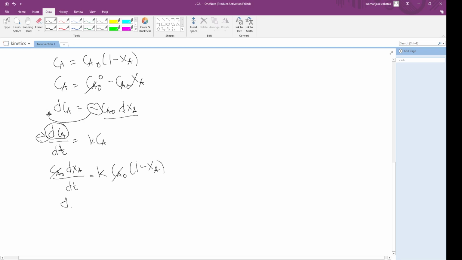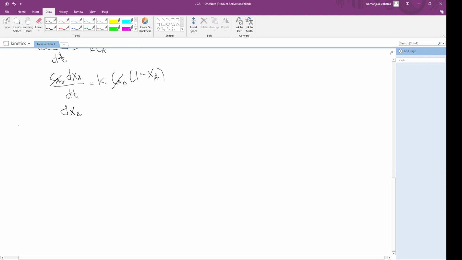So we have dXA over dt is equals to k times 1 minus XA. Then by separation of variables again, we have dXA over 1 minus XA is equals to k dt.